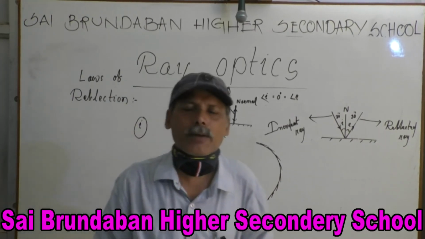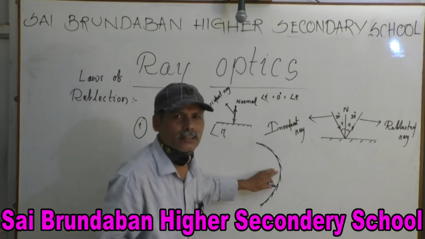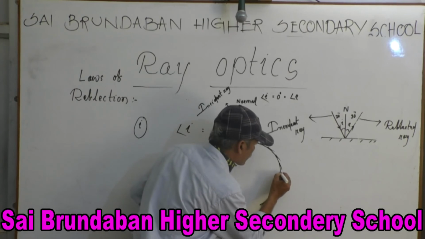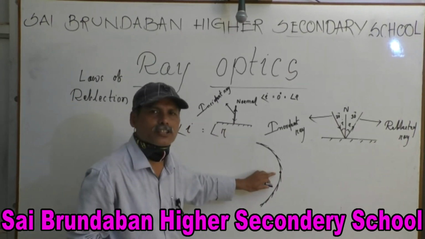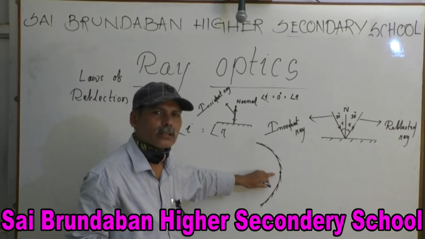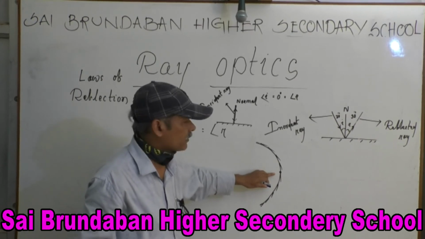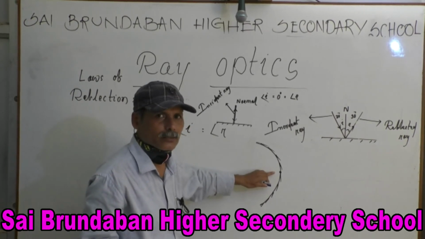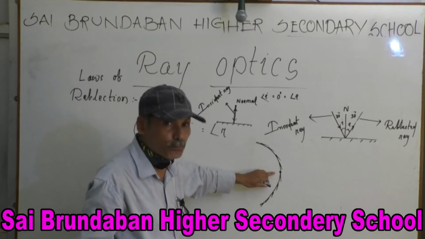While you are studying parabola, the center is usually said to be the vertex. The point is the vertex. It is to be said the pole of the mirror. In geometry, you may say it is vertex. But in ray optics, we will call it the pole of the mirror.